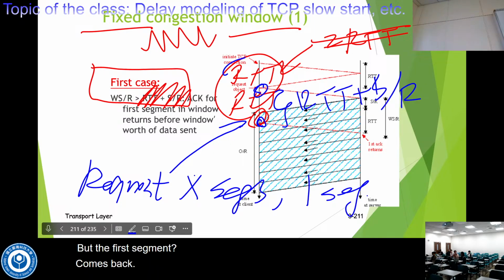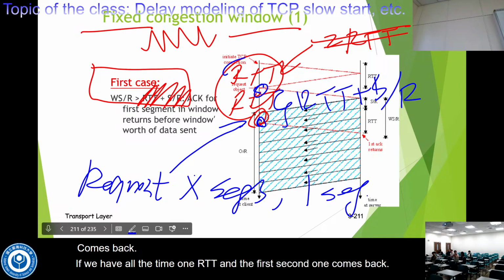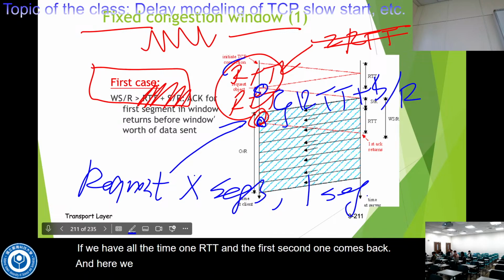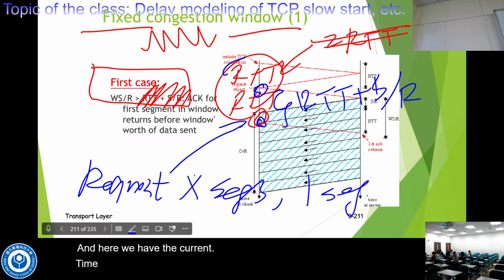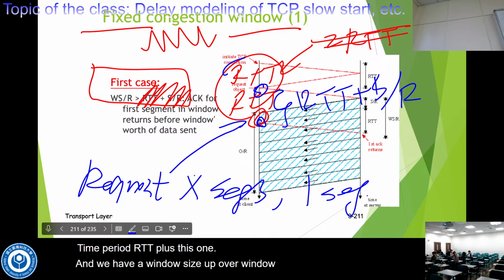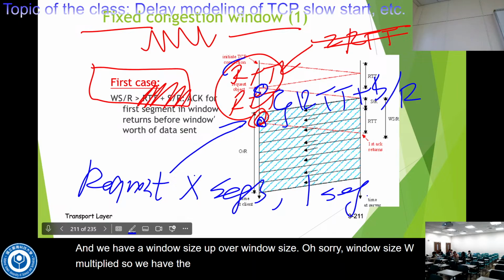If we have 1 RTT and the first segment comes back, and here we have the current time period RTT plus this one, and we have window size W multiplied, so we have the transmission delay WS over R larger than that one.